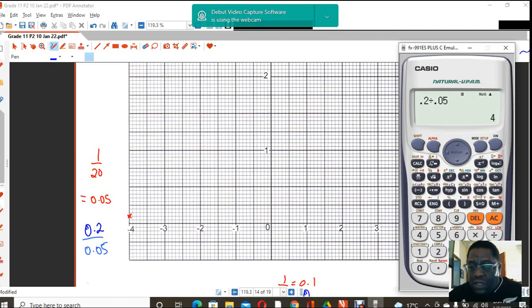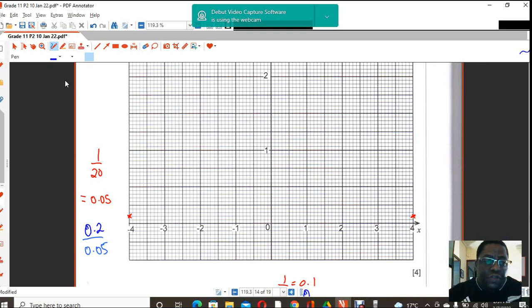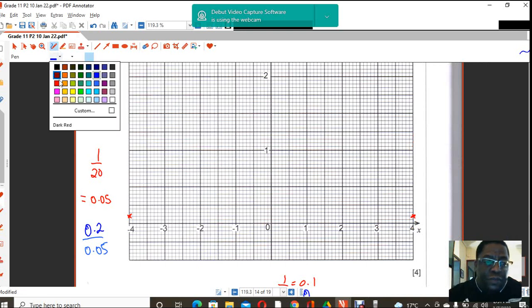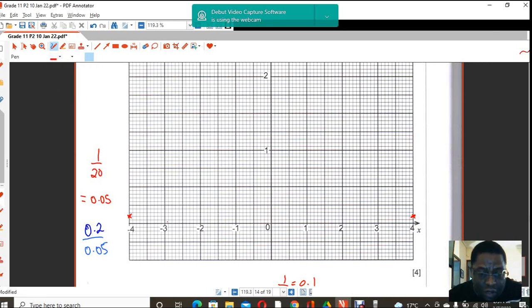How many blocks is it? It's 4 blocks. So that means at -3, I'm going to count 1, 2, 3, 4 blocks there. And I'm going to do the same on the other side, 4 blocks there, because it's identical. Are you with me so far?